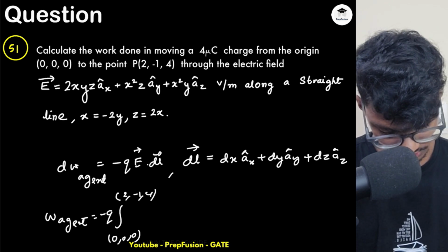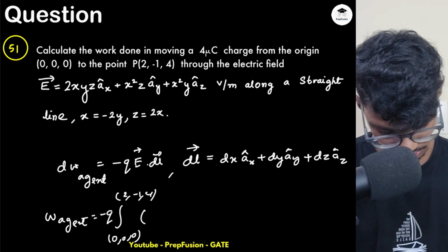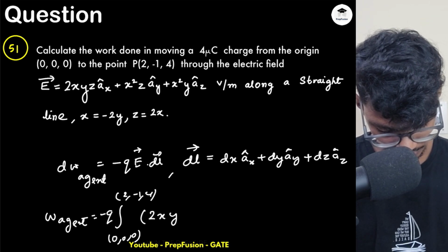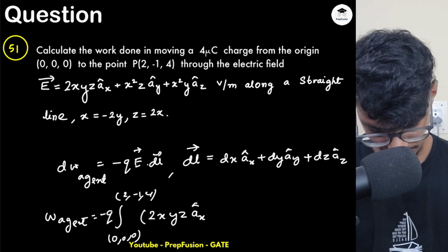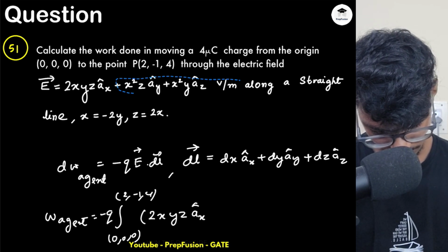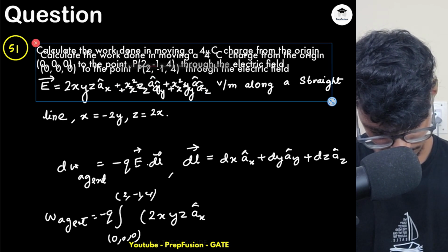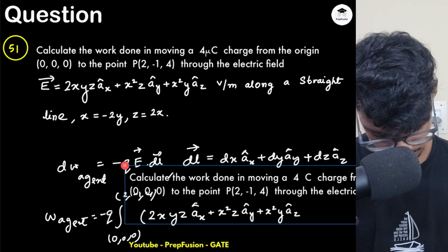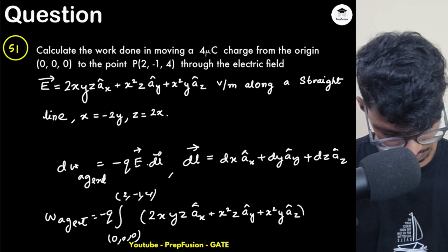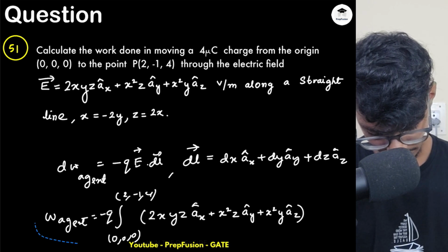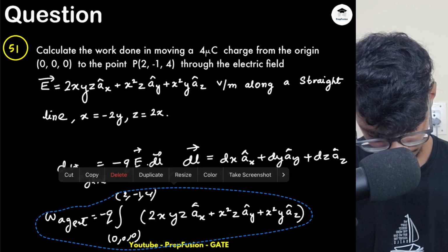E dot dl. E is 2xyz ax cap. So I'll just simply copy this, that will be better. I'll take this in the next page, that will be easier.